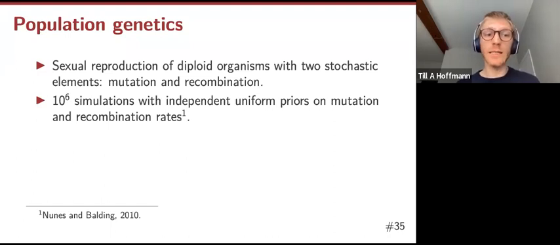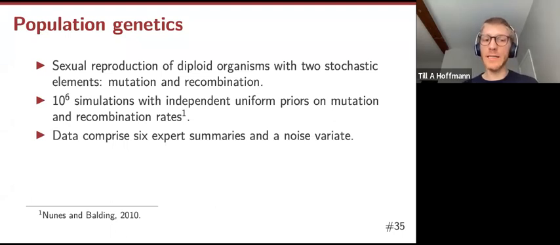So we'll use 10 to the 6 simulations of this process based on a model called the coalescent, which is very efficient at generating samples. And we'll use uniform priors on both the mutation rate and the recombination rate. And Matt Nunes has been amazing and gave me all the simulations, so I didn't have to do it myself.